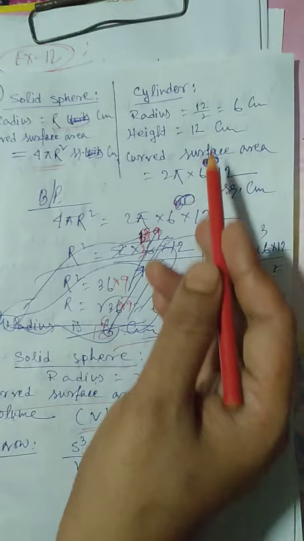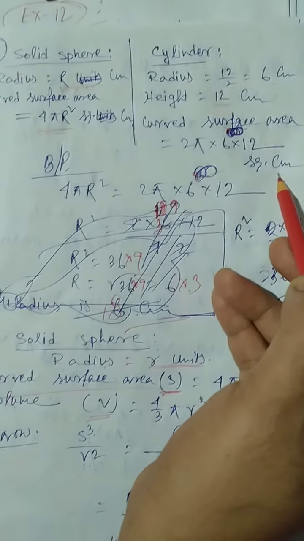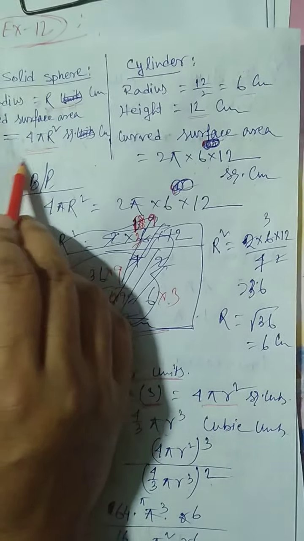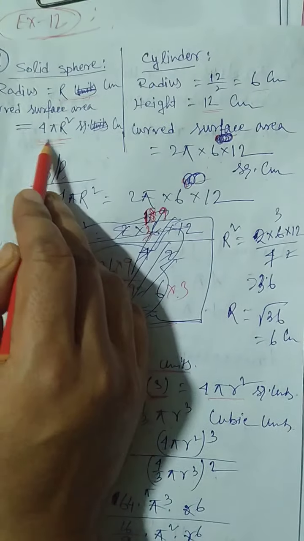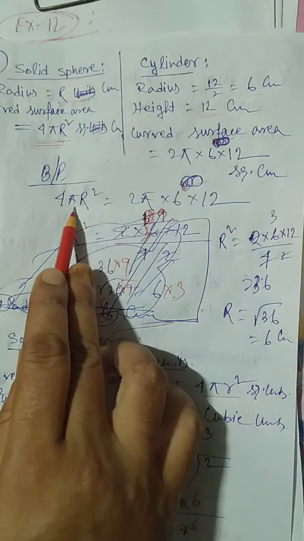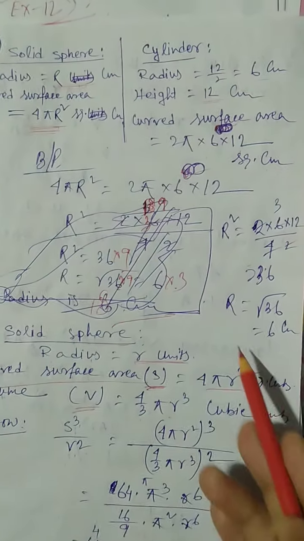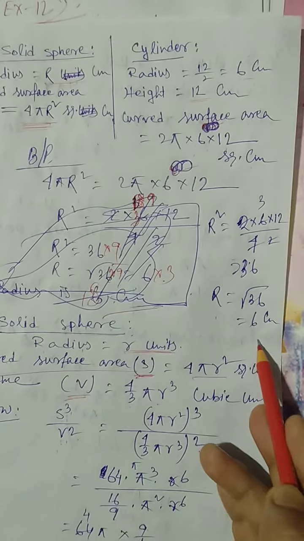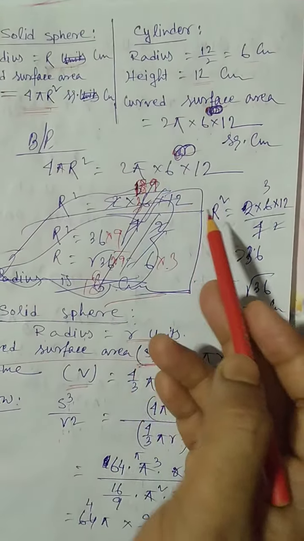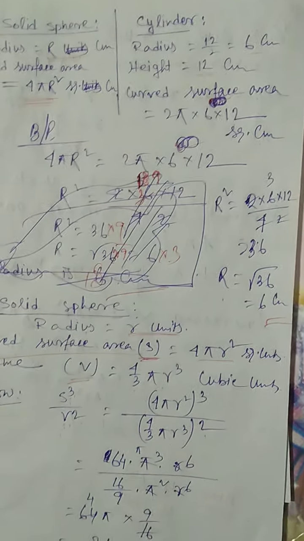So 2 pi, r is 6 and h is 12 square centimeter, and the curved surface area of the solid sphere is 4 pi r square. So by the problem, 4 pi r square equals 2 pi into 6 into 12. So from here the value of r is 6 centimeter. So the radius of the solid sphere will be 6 centimeter.